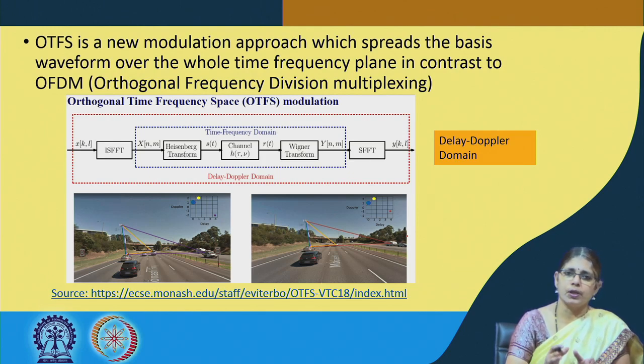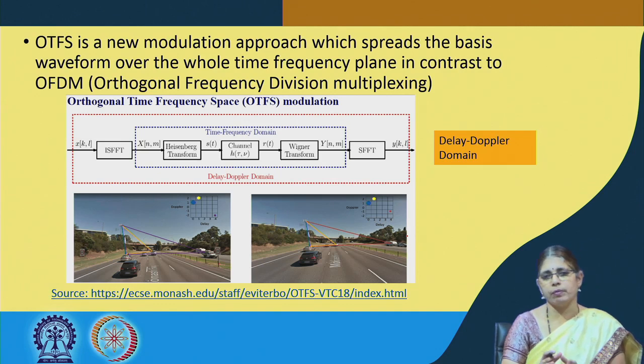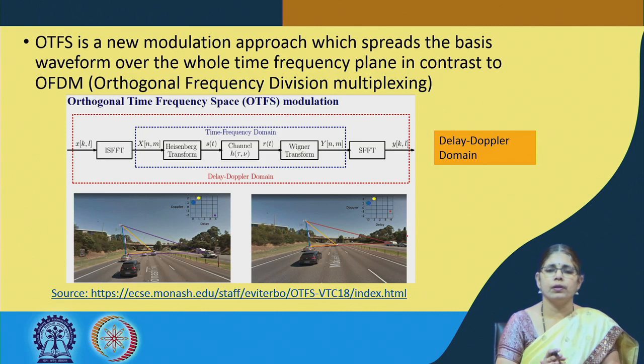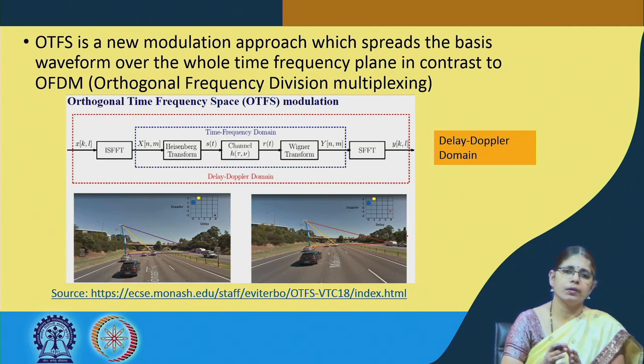It all comes down to the specific aspect of what we call delay Doppler domain. So, simply put, there is a time delay which needs to be attended to, which needs to be addressed, and then there is also this data itself which needs to be received in the appropriate way.